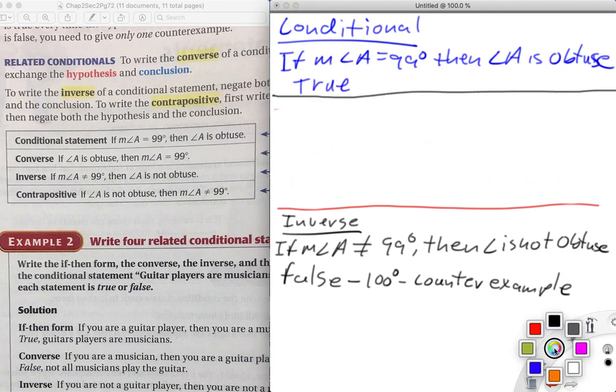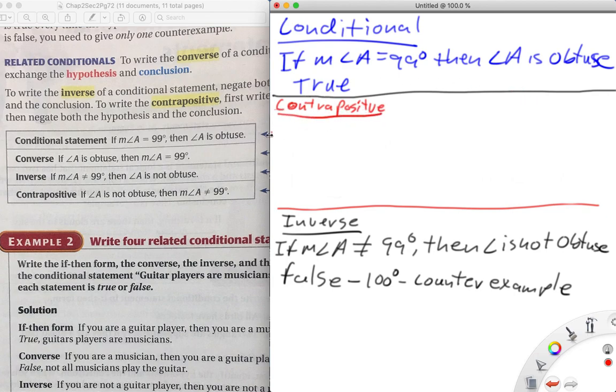Okay. And the last one we have is the contrapositive. A contrapositive negates both the hypothesis and conclusion and it switches it.